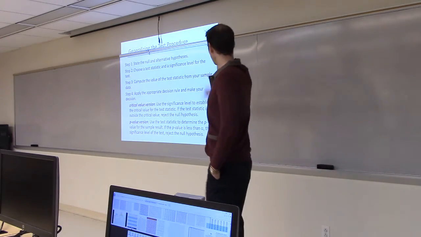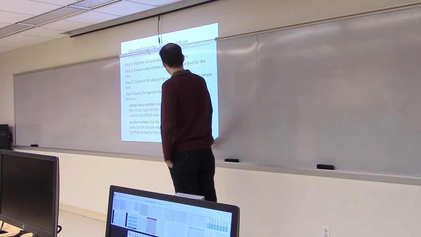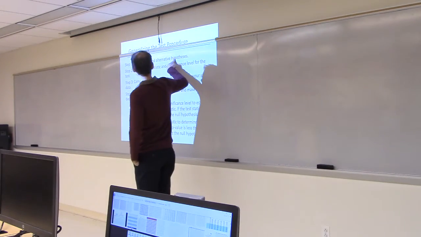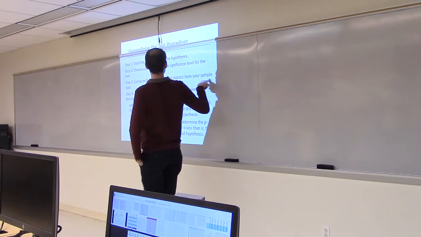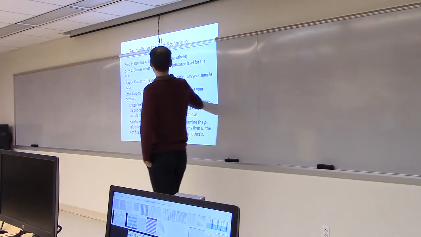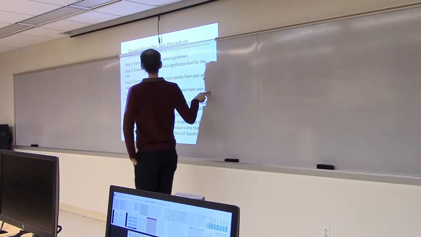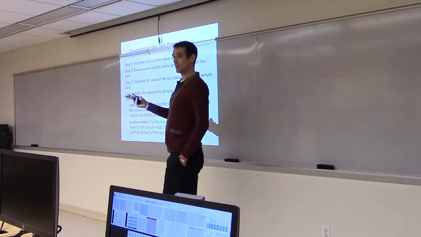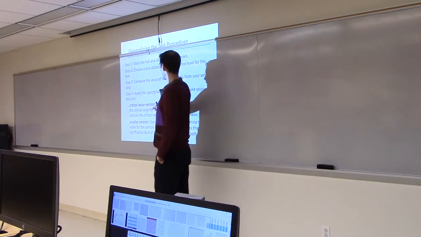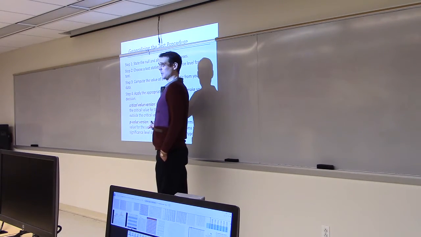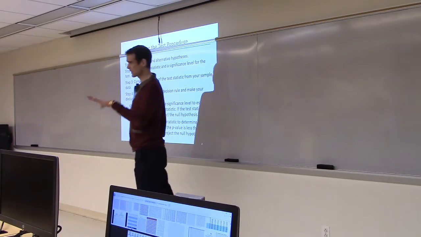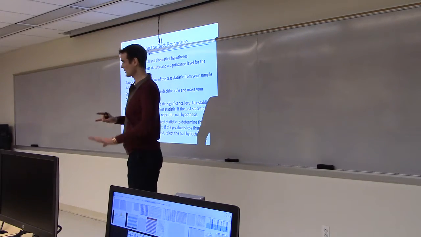Alright, we've got a generalized procedure on slide 15. State the null and alternative, choose a test statistic and significance level, compute the value of the test statistic from your sample, apply the appropriate decision rule, and make your decision. We have two ways we could make this decision: the critical value version and the p-value version. We started with the p-value version: if the p-value is less than the significance level, reject.